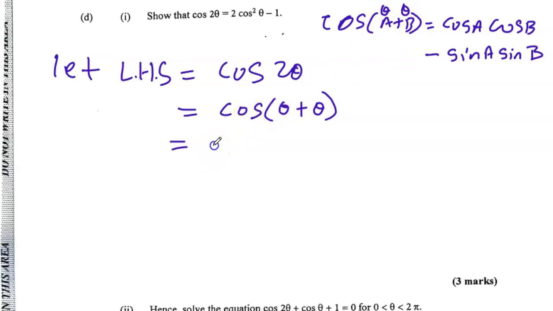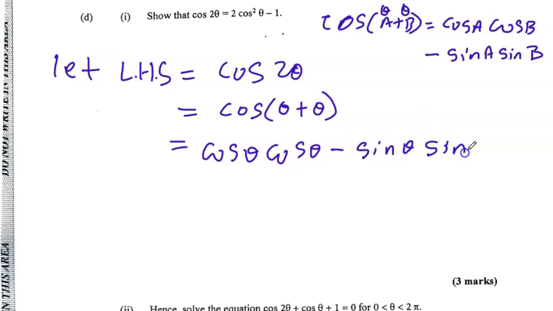So it's cos theta cos theta minus sin theta sin theta, because both A and B would be theta. So that's cos square theta, since cos times cos is cos square, and sin times sin is sin square.